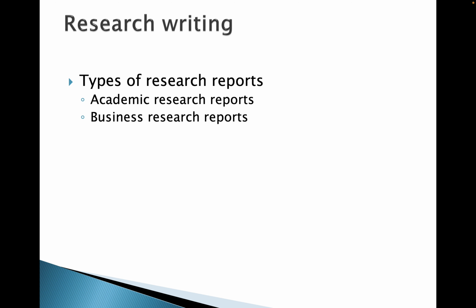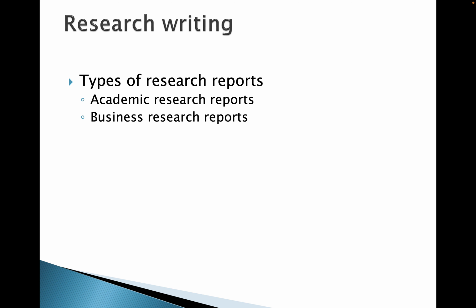And research writing. Well, basically, you can have an academic research report and a business research report, as I mentioned earlier. Okay, an academic research report can be a journal paper, for example, right? The goal there is not to report the situation of a specific business.